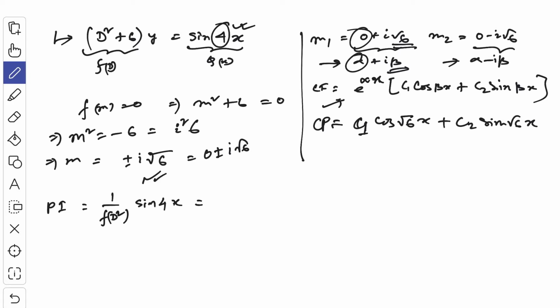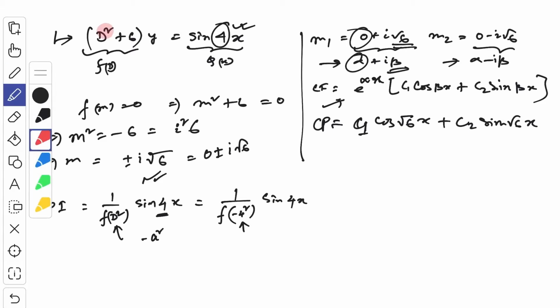Then according to the rule, this D square should be replaced by minus a square. A is 4 here, so it must be replaced by f(minus 4 square) sin 4x. The square is on 4 only, not on the negative sign. Now here you see this is minus 4 square. Then here you see this D square in the given equation.